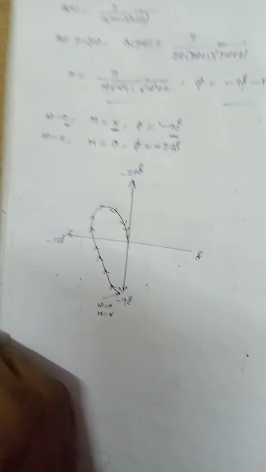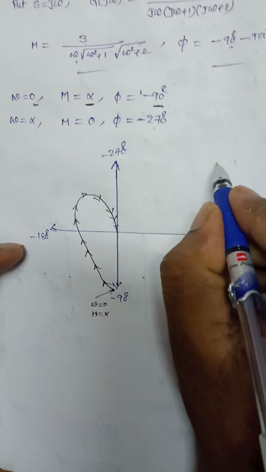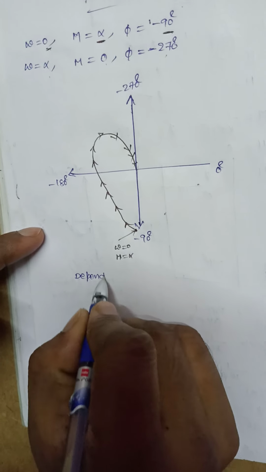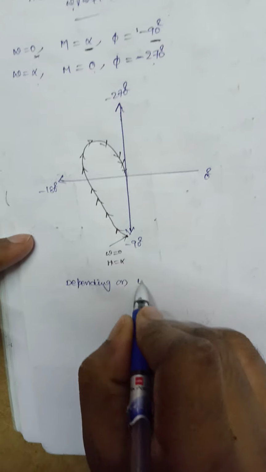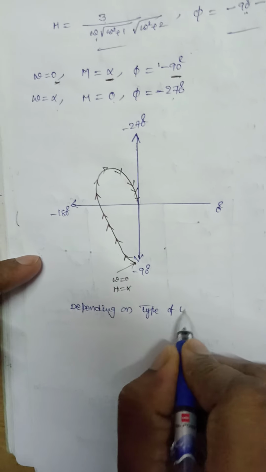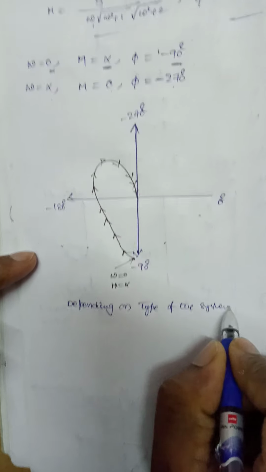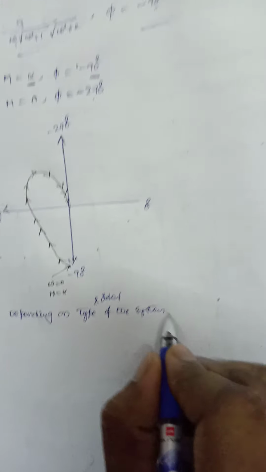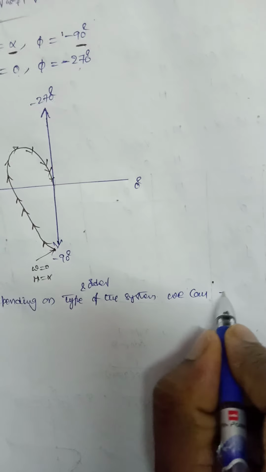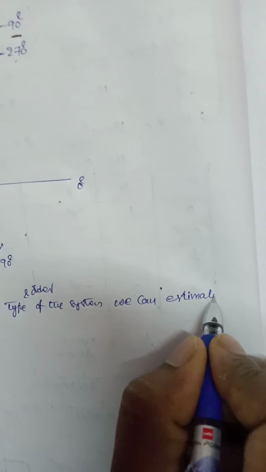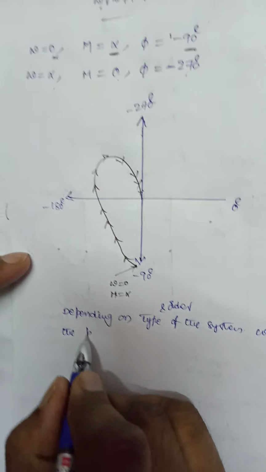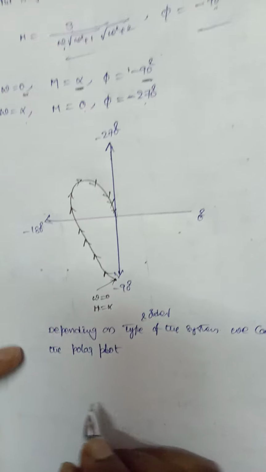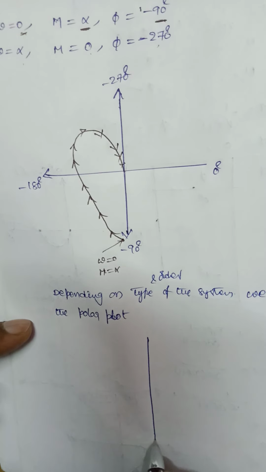That means what I want to say here is, finally, depending upon the type of the system and order of the system, we can estimate the polar plot as follows.